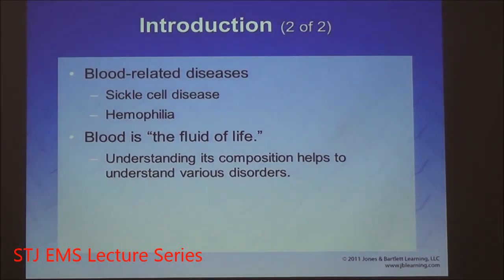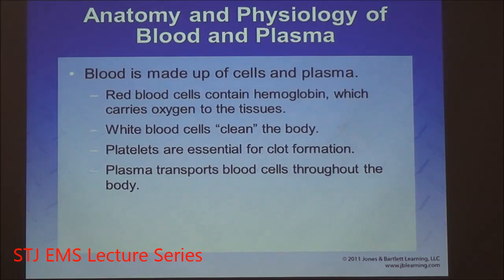Understand that the way the body can function and the way that cells can go through their process of aerobic metabolism is to have good blood supply. Now there are disorders with this fluid of life. We have problems. Usually these are chronic issues. So remember the components of blood. The blood is made up of formed elements and plasma. The formed elements are red and white blood cells along with platelets.